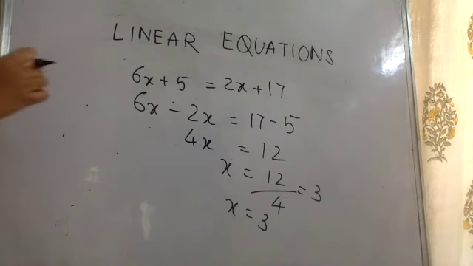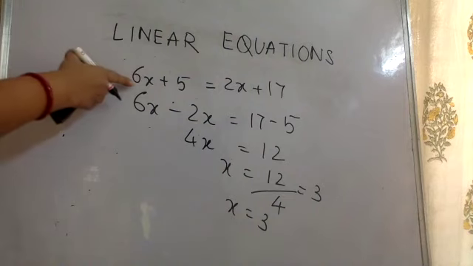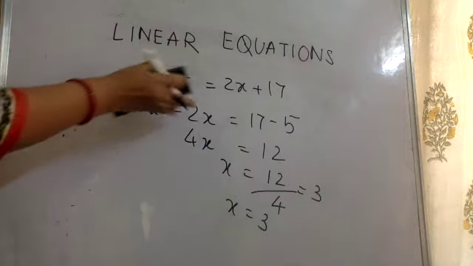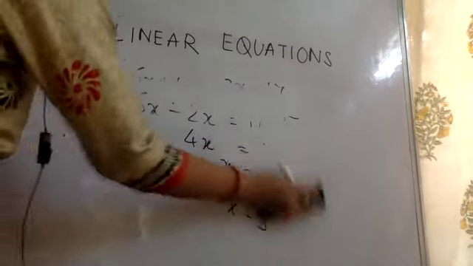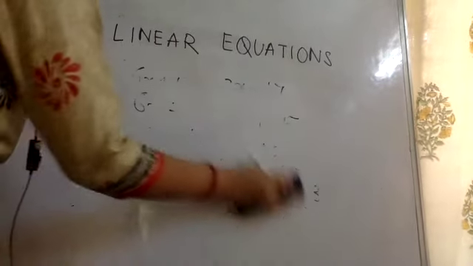Now we are going to take up another question. This was a type where we had x on both sides. Now let's see what the next type is.